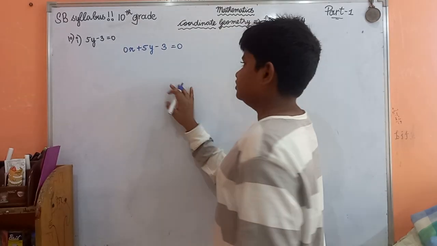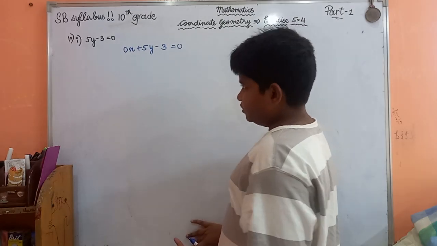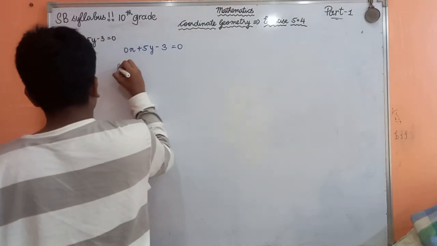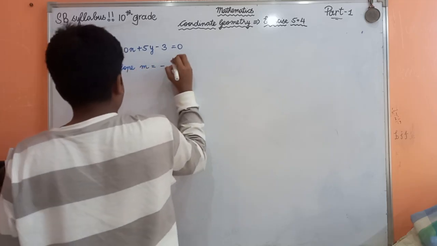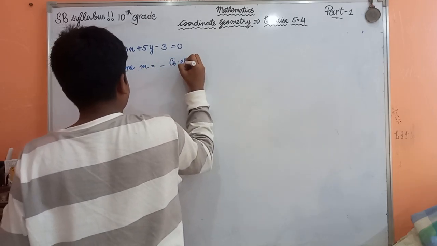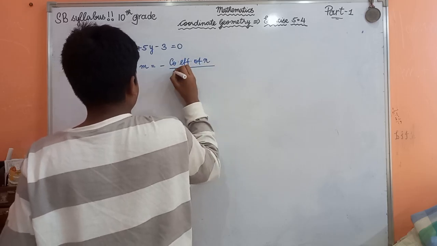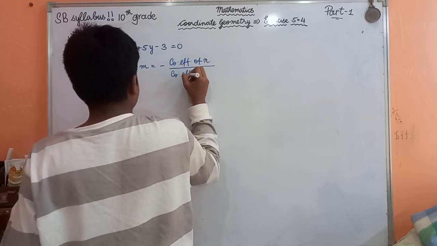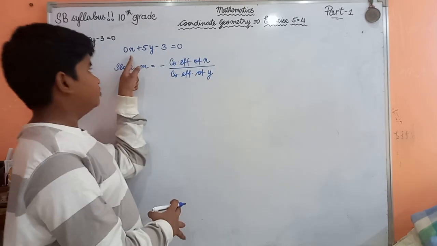So now we have the perfect equation, and we just have to apply the formula. The slope m is equal to minus coefficient of x by coefficient of y. So what's the coefficient of x, guys?